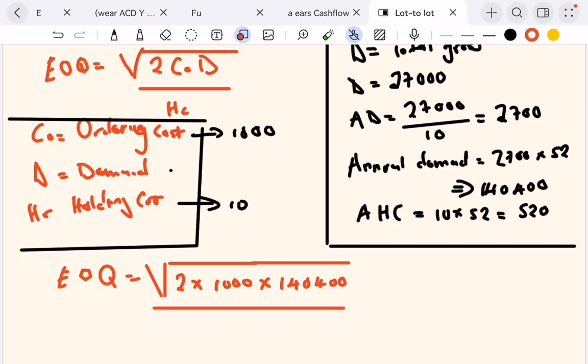So the holding cost is 520. Put those numbers on a calculator, the way they are. What is it giving you?